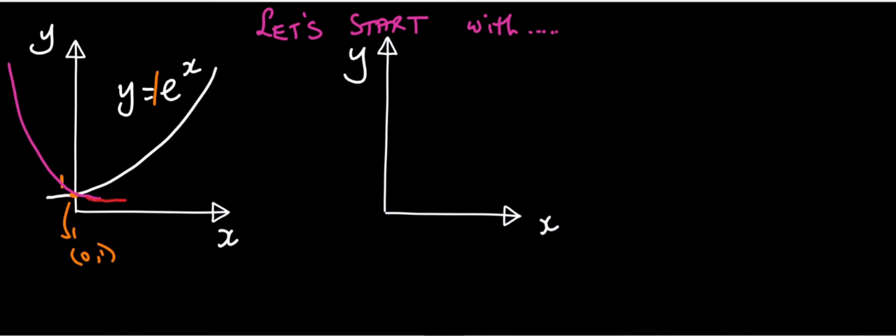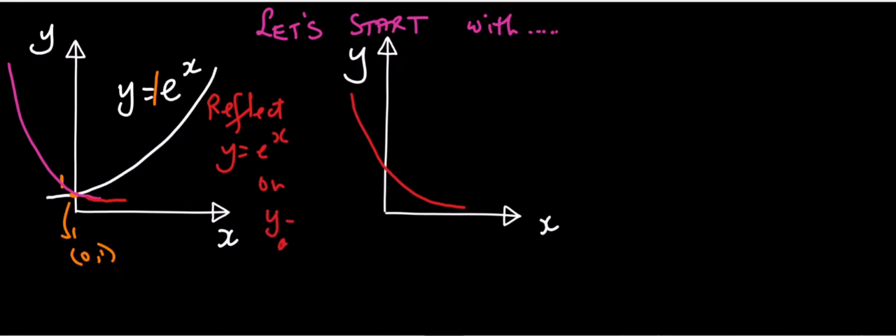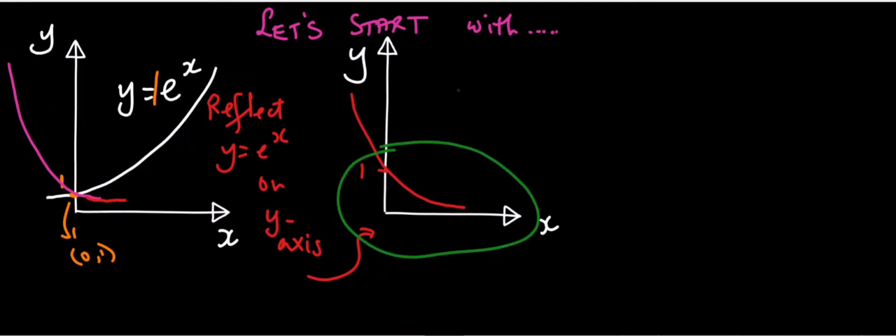So when we reflect y equals e to the x on our mirror line, which is now our y-axis, we get this graph. It's still going to cut at 1. The section of the graph that we are actually looking at is this section here. Our equation now becomes y equals e to the negative x.